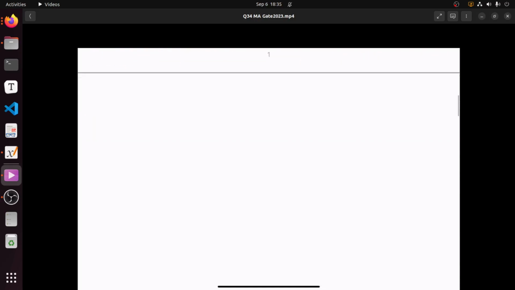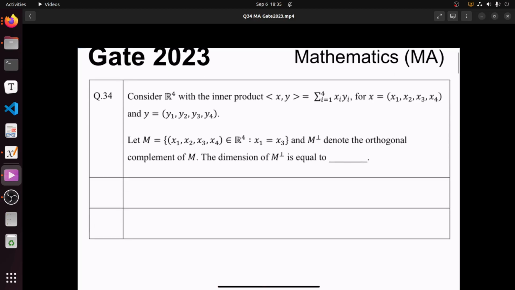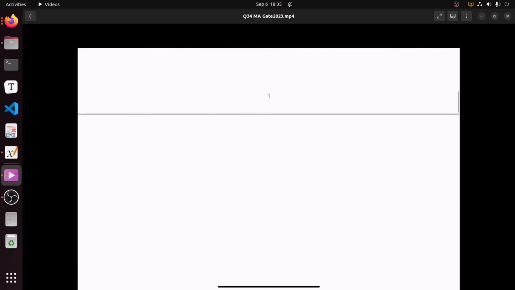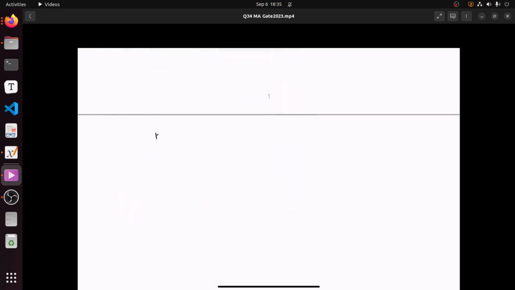Okay, let's start. So what is an inner product space? On R4 we have two vectors, x, which is x1, x2, x3, x4, and y, which is another vector y1, y2, y3, y4.